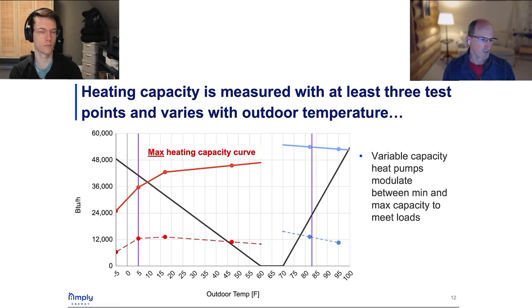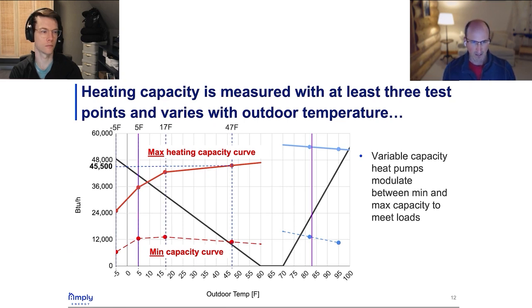And so I'm using the different outdoor temperature ratings, and it allows us to draw a max heating capacity curve, a min capacity curve. And so it's very simple. So I just draw different points. So at 47 degrees, I have my min and max temperatures, 17 degrees, 5 degrees, and for this example, at minus 5 degrees. And so I can take all those max points and just connect them together with a line, and I've got a curve.